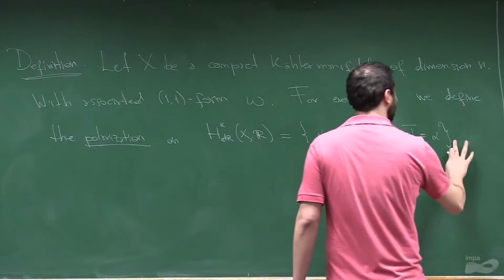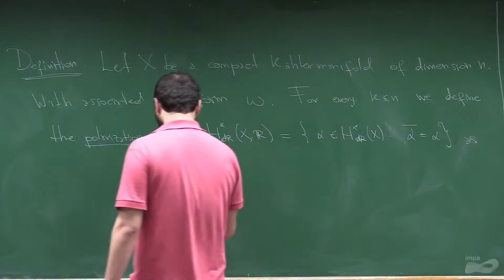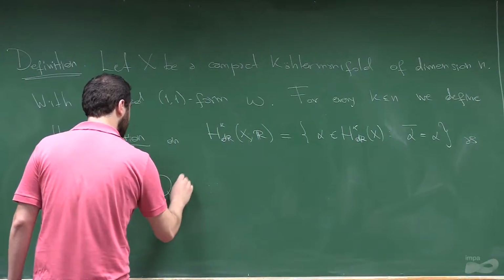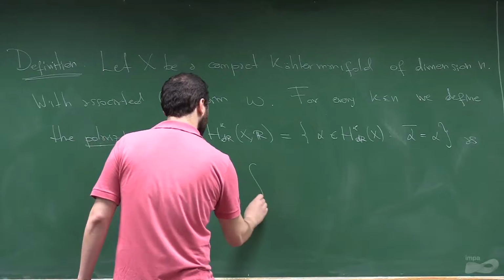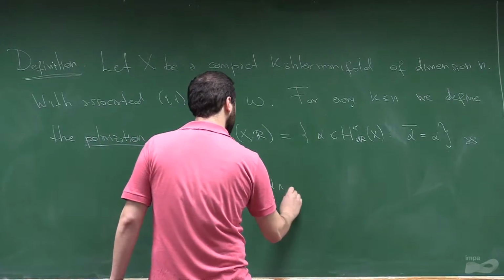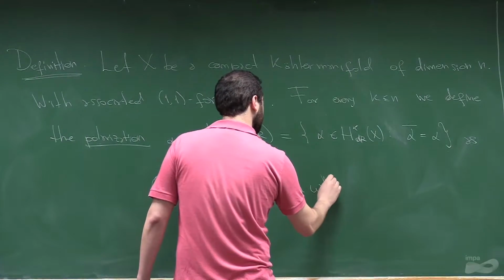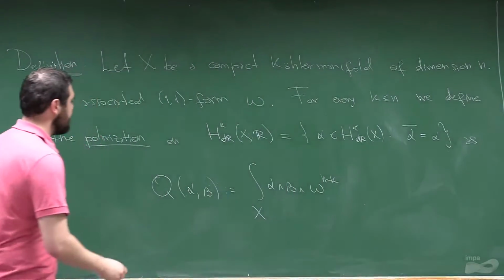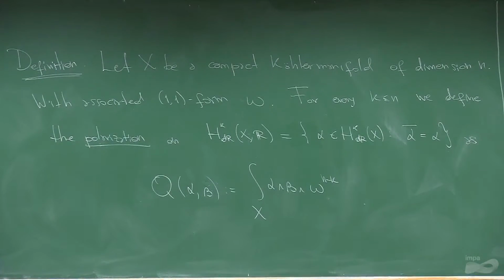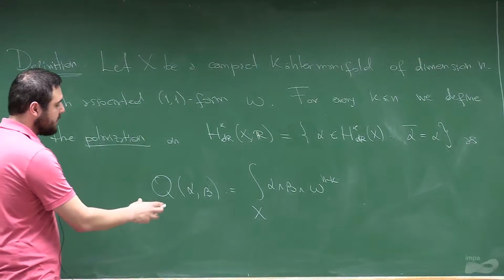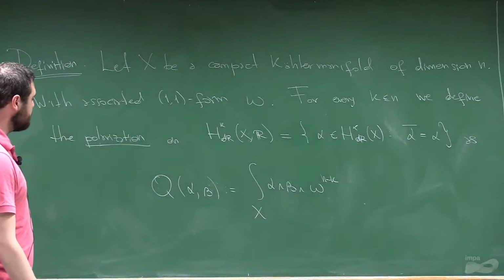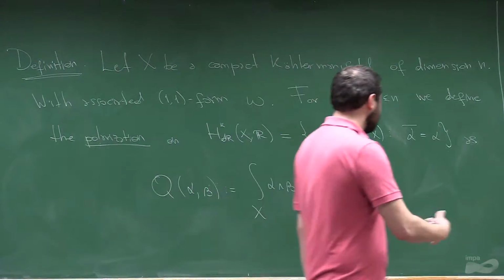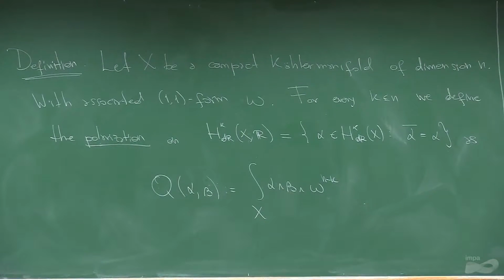So we define it as Q. It will be a bilinear map, Q of alpha and beta, defined to be the integral over X of alpha wedge beta wedge omega to the n minus k. Okay, it's a bilinear form. It has an alternating sign here depending on k. Well, and this polarization satisfies a lot of properties that we will prove in this class. Okay.